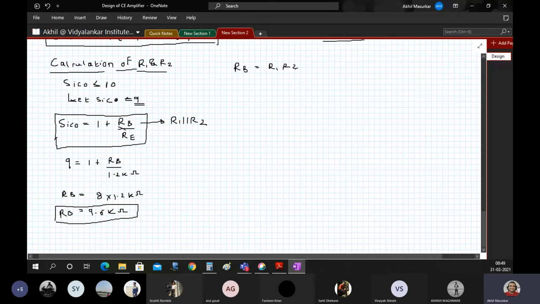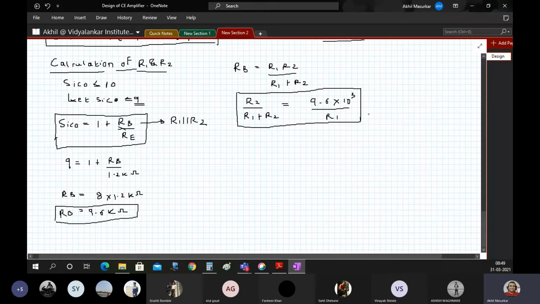RB is equal to R1 R2 upon R1 plus R2, and this equation we can write this way, that R2 upon R1 plus R2 is equal to RB, that is 9.6 into 10 raised to 3 upon R1. So this is my first equation.